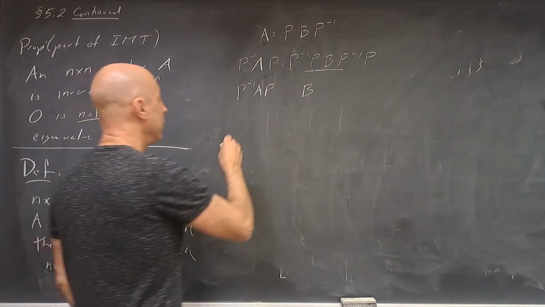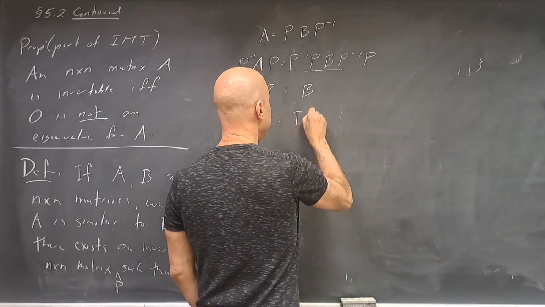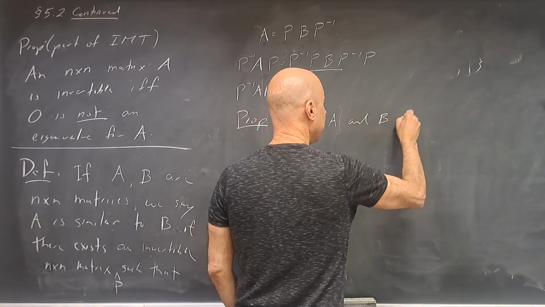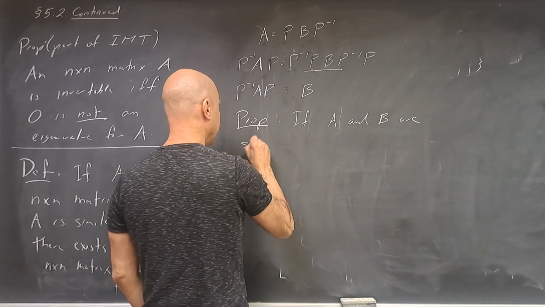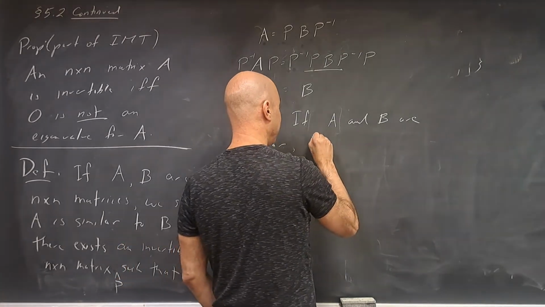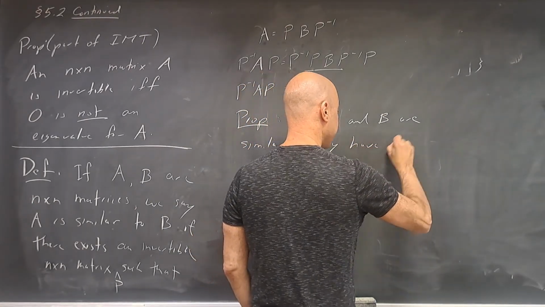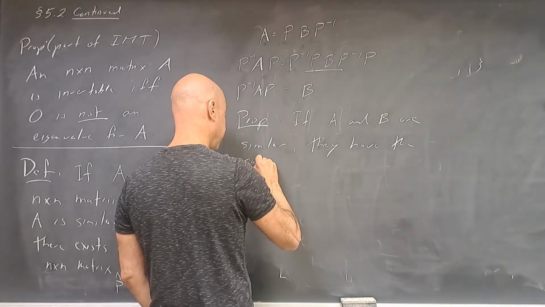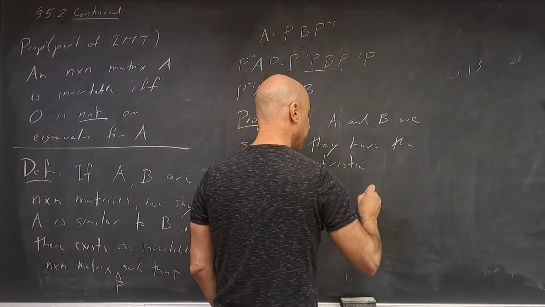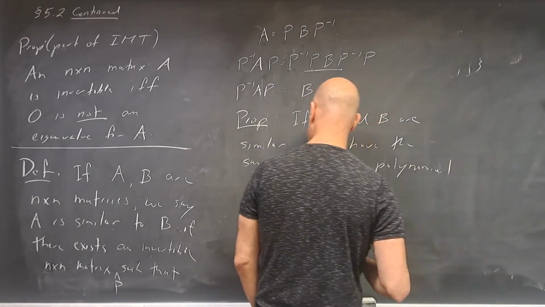And as it turns out, if A and B are similar, they have the same characteristic polynomial, and so the same eigenvalues.